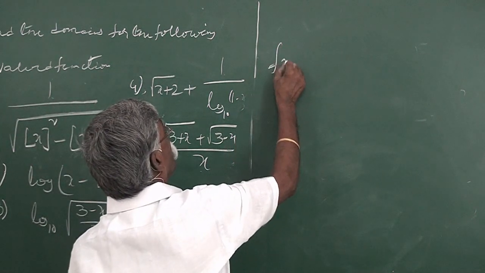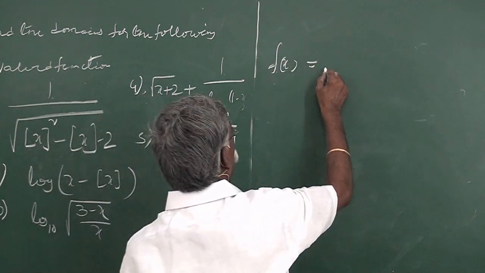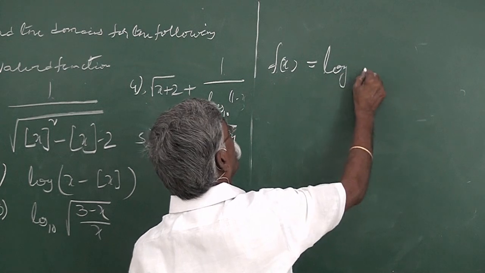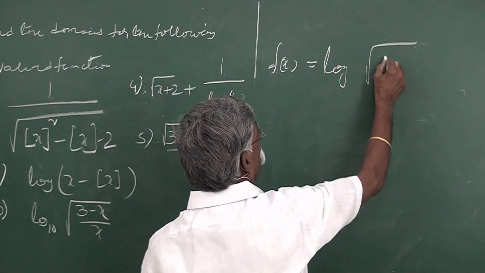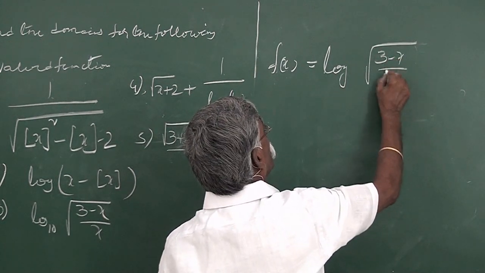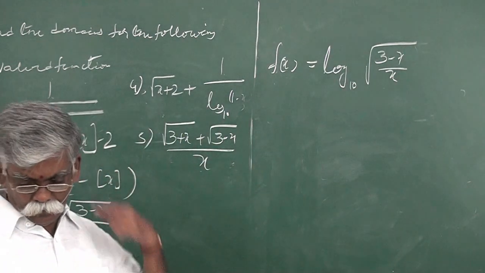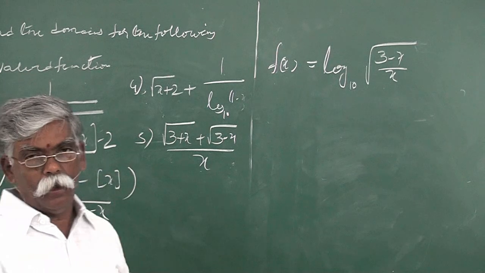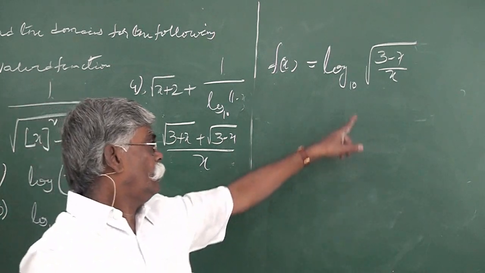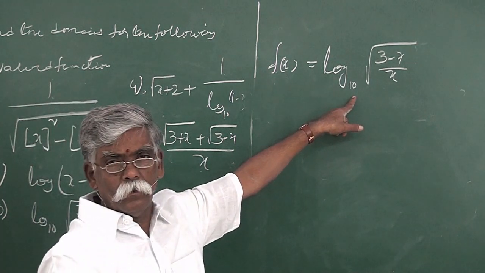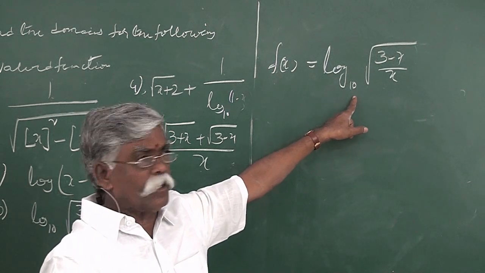Next one, f of x is equal to log of root of (3 minus x) by x to the base 10. And log of something to the base 10, base is positive and not equal to 1.